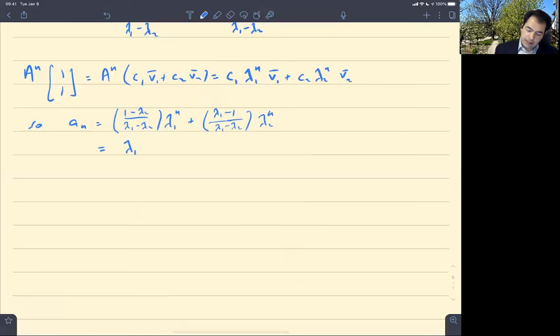Right, and that is (lambda 1 to the n plus 1 minus lambda 2 to the n plus 1) divided by (lambda 1 minus lambda 2), right?